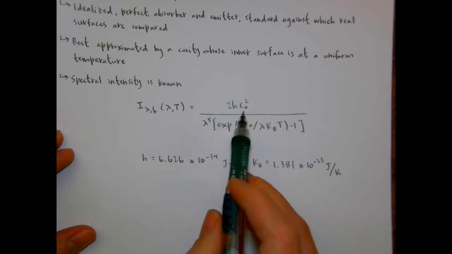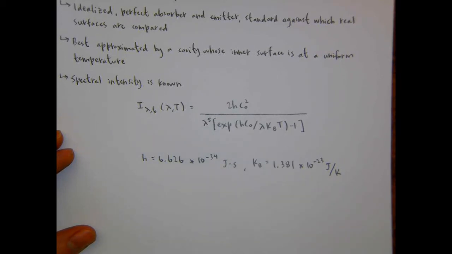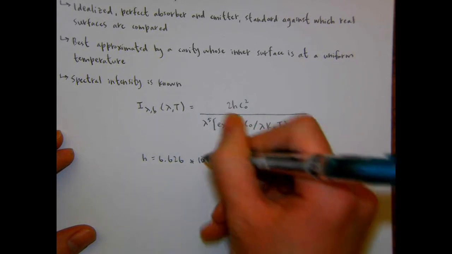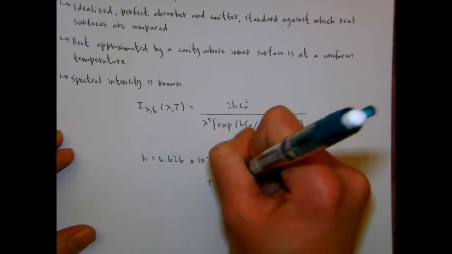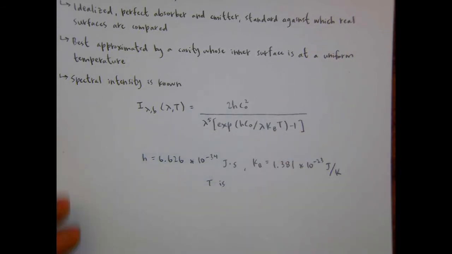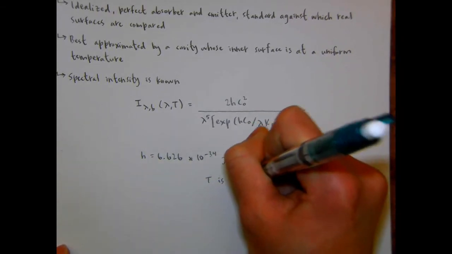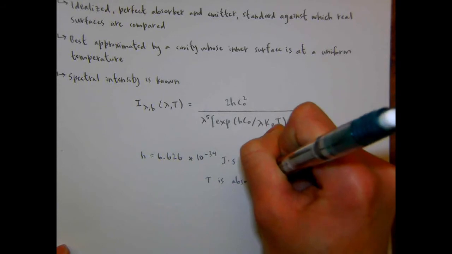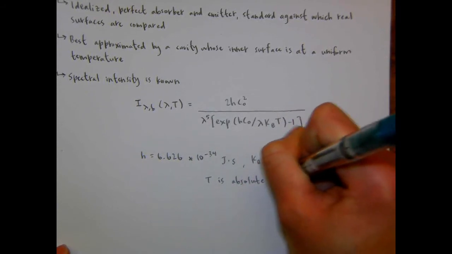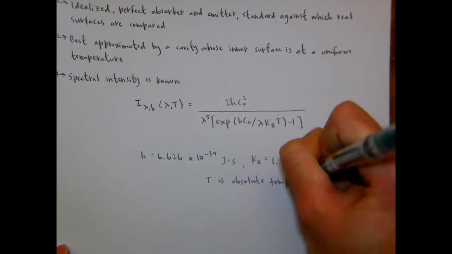And c sub naught is the speed of light in a vacuum, which we wrote down, I think, last week. And important to note that T is absolute temperature, so it needs to be in Kelvin, which is typically the case when dealing with radiation.